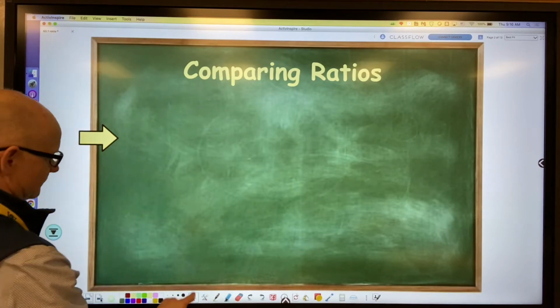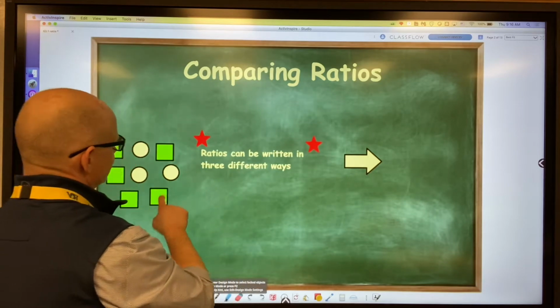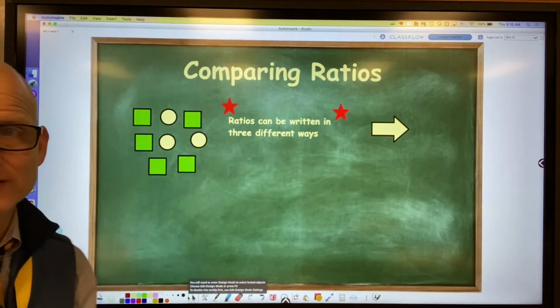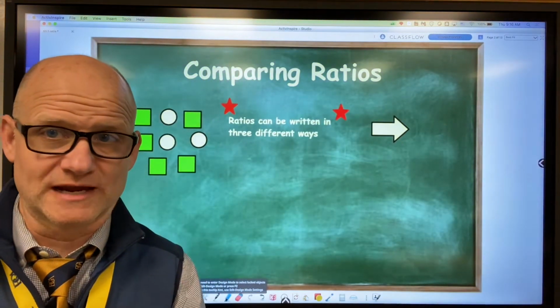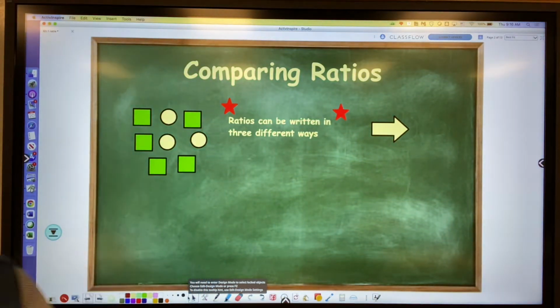Comparing ratios. When we compare ratios, you can write it in 3 different ways. For example, if you look at these geometrical shapes, I see squares and I see circles.